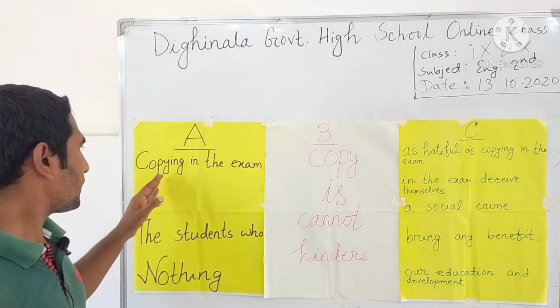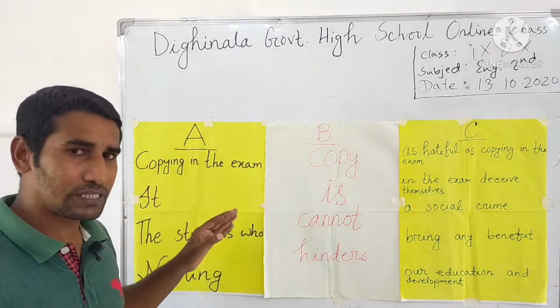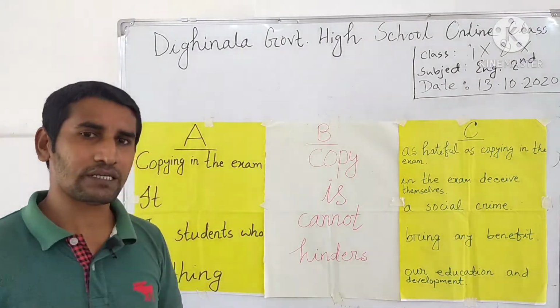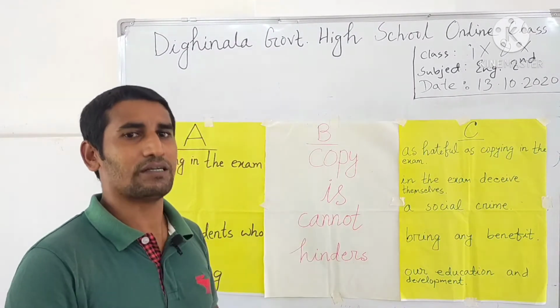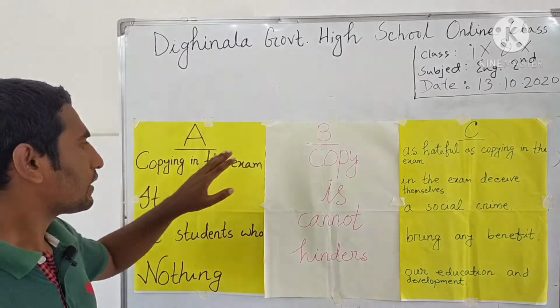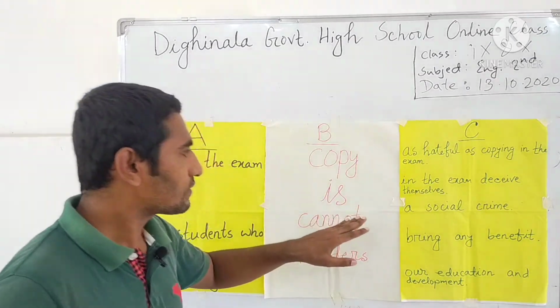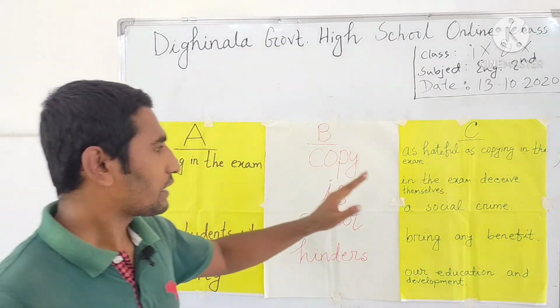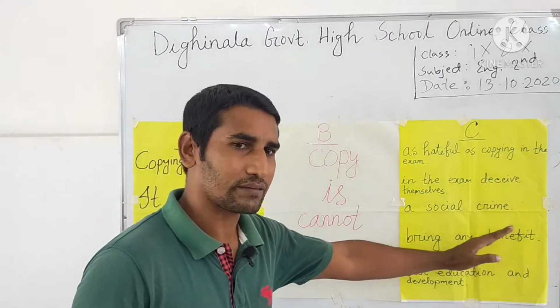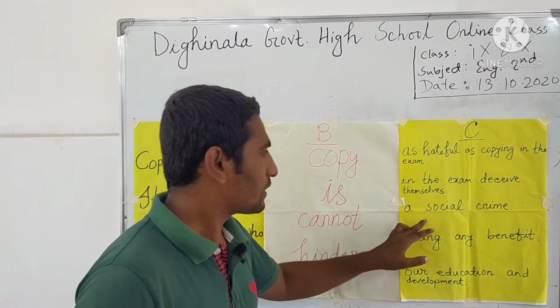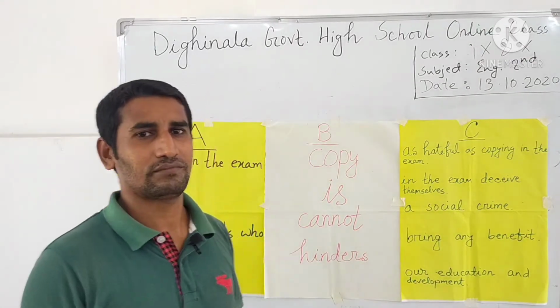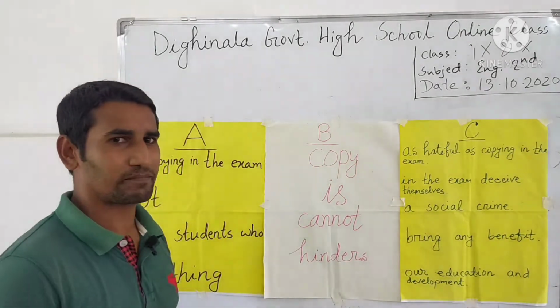Because copying is a subject that is called gerund, and if the subject is gerund, the verb follows that gerund. So copying in the exam is porikhay nakol kora ekta samajik bedhi. So it should be copying in the exam is a social crime. Okay, next one.